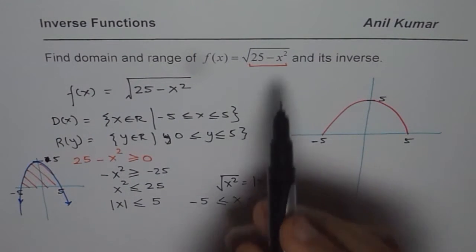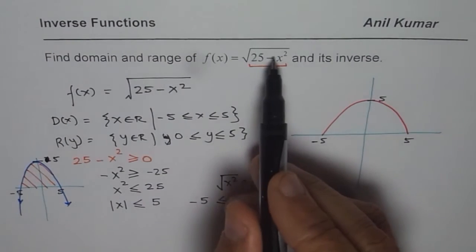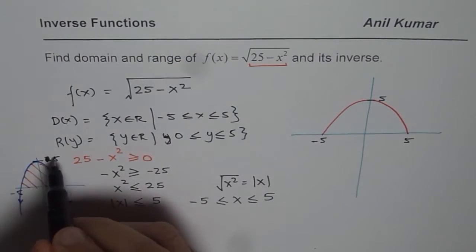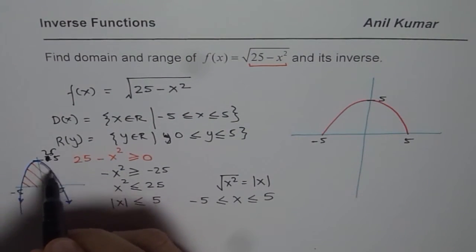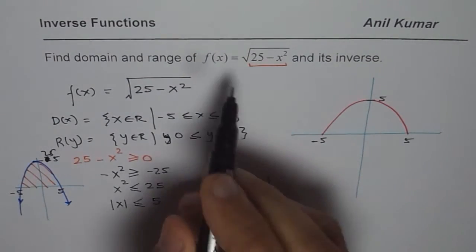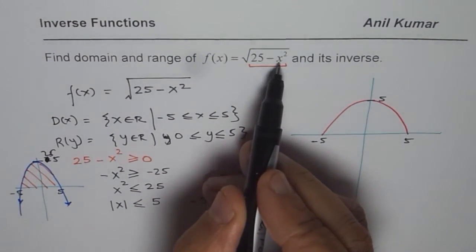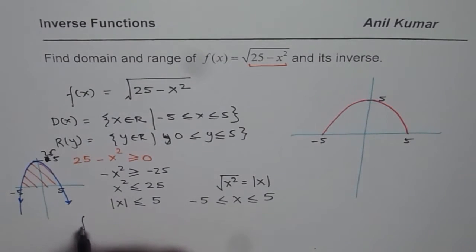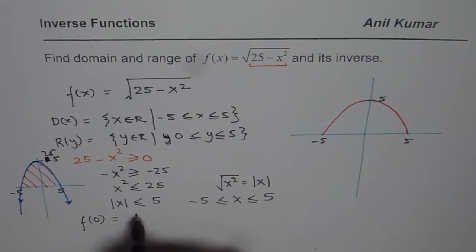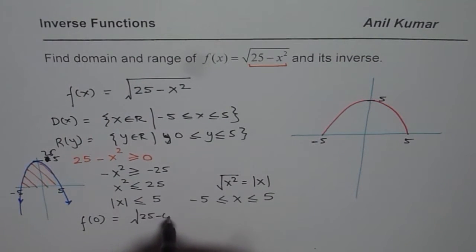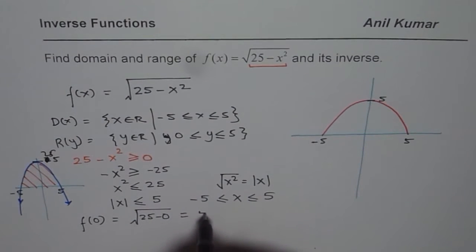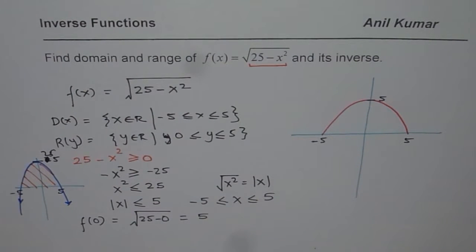I drew this as 25, which is okay for the parabola, but as far as the range is concerned, I have to put x equals 0. So what do we get? We get f of 0 equals square root of 25 minus 0, that is equal to 5. So the maximum of the range is 5.